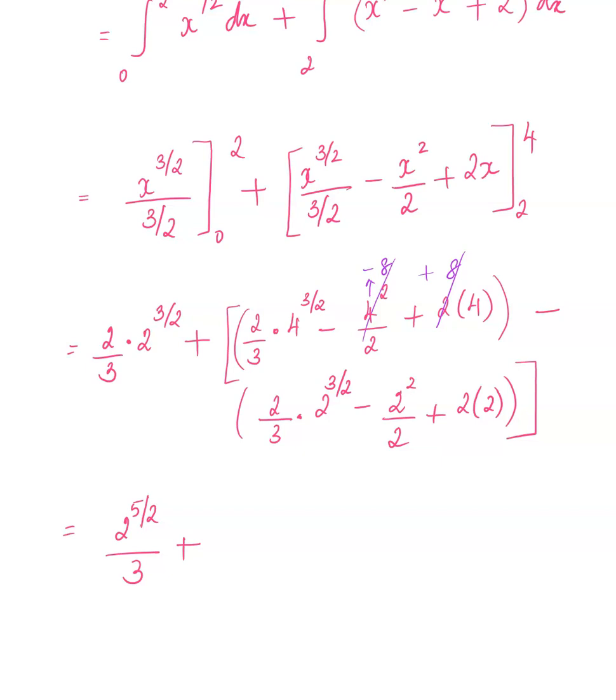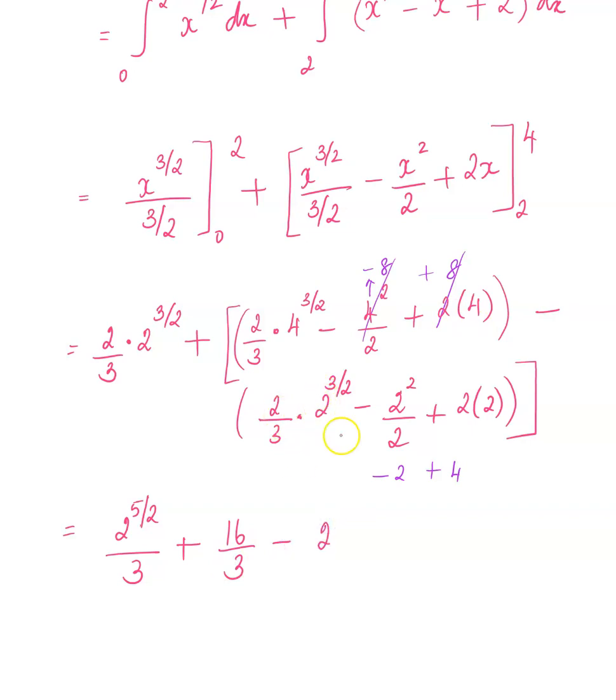Likewise here I have 4 over 2, which is negative 2, and this is plus 4. They don't cancel off, but I can see that it reduces differently. So that will be 16 over 3. Those go away. Then I have a minus.